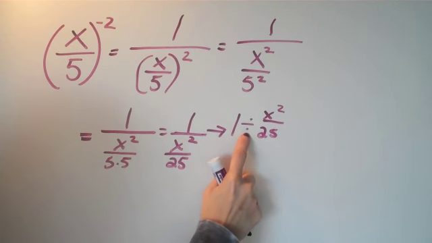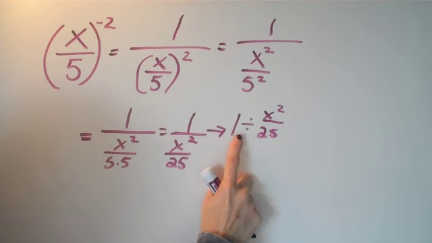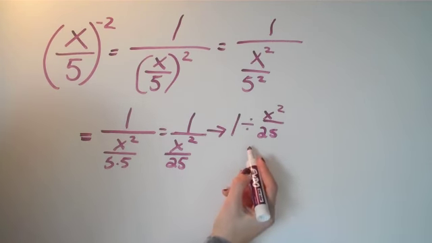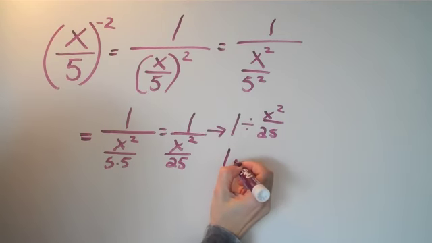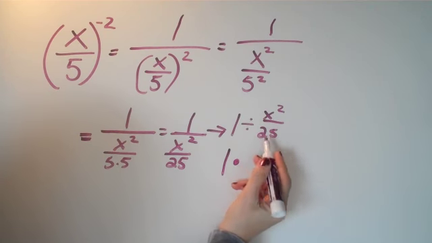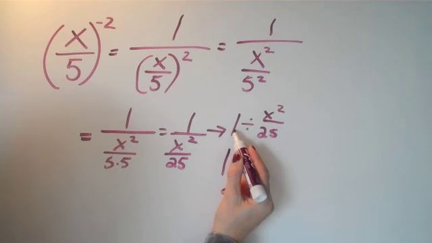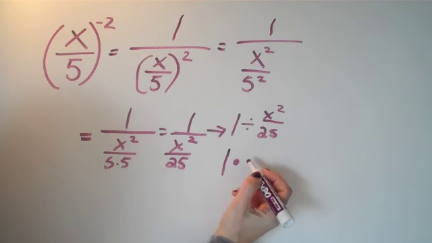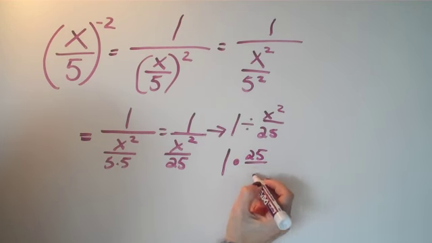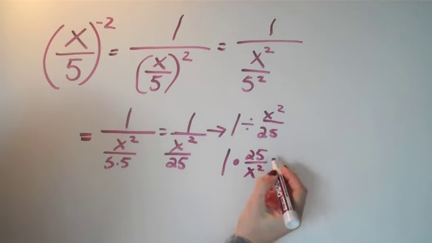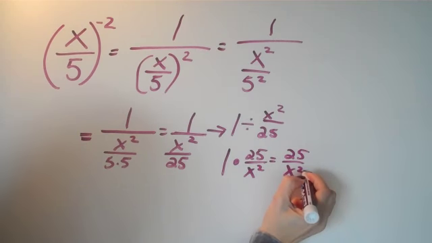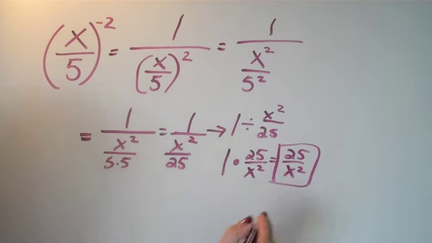This division sign is replaced with this one. Okay, so if I have 1 divided by x squared over 25, I know with dividing fractions, I actually have to keep, change, and flip the second fraction, right? That's our rule for division. So you end up with 1 times 25 over x squared, because you're flipping it, getting the reciprocal. And our final answer is 25 over x squared.